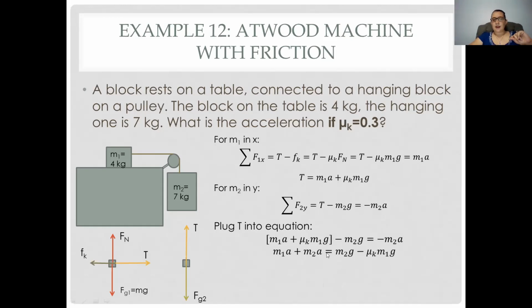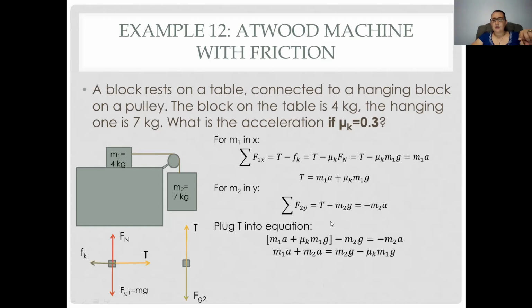We can try to group these like terms together. Again, because we're looking for the acceleration, we're going to try to get all of the acceleration terms together. So we'll take this negative M2A from the right side, move it over to the left, it becomes positive.